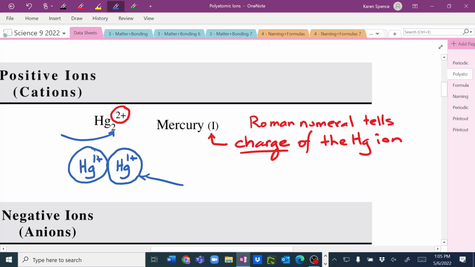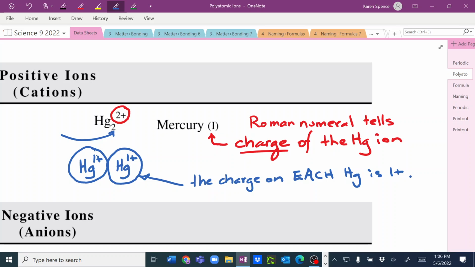But the charge on each individual Hg is plus 1. And it's only because there are 2 of them that the charge is 2 plus. So watch out for that. Mercury is a weird little beastie.